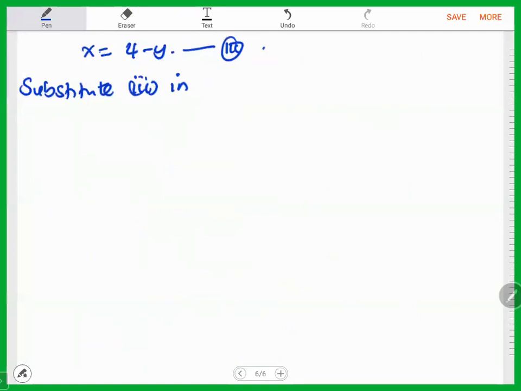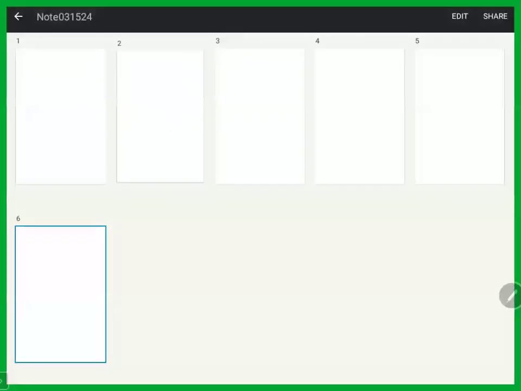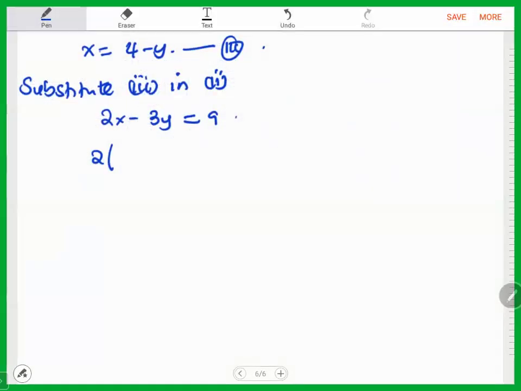So substitute 3 in 2, but 2 has given us 2x minus 3y is equal to 9. Where there is x, I substitute the value of x. Don't forget to open brackets, because x here has various terms. 2 times (4 minus y) minus 3y equal to 9.